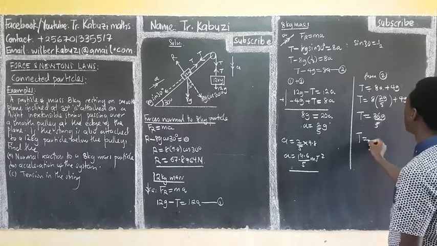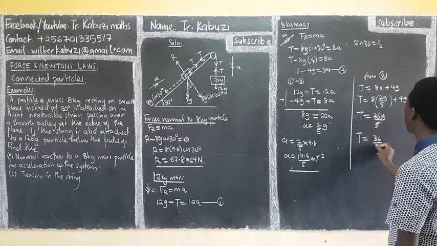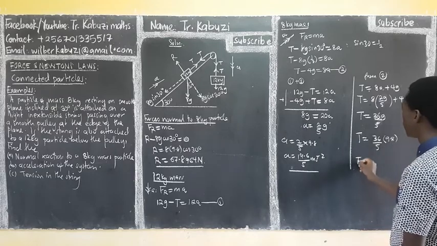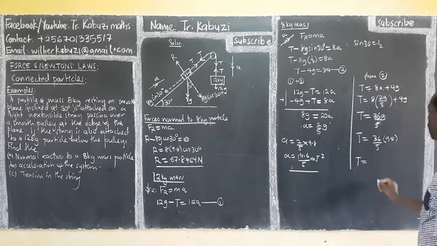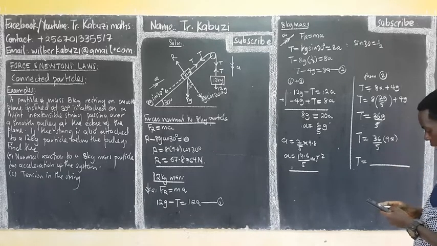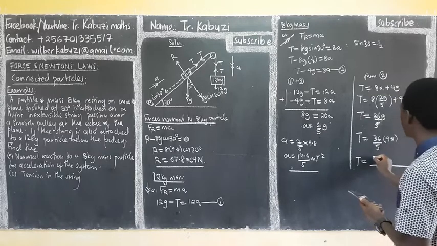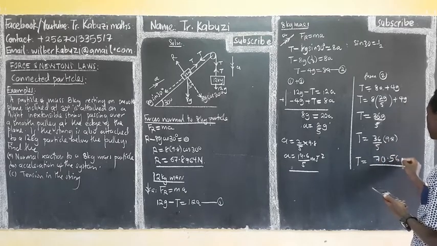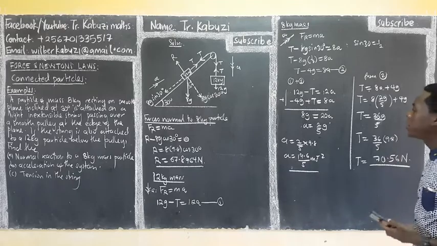So my T is going to be 36 over 5 times 9.8, which you can give to 2 decimal places. 36 times 9.8 divided by 5, so here I'm getting 70.56, and these are newtons.